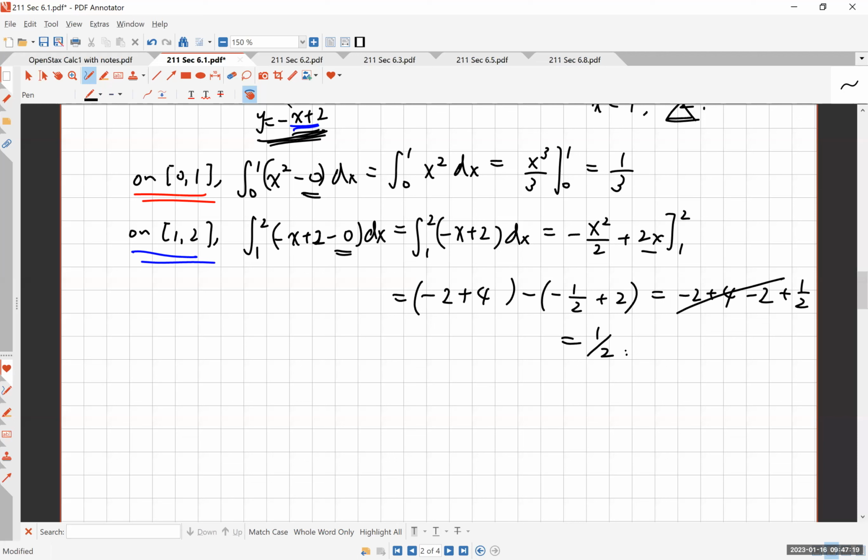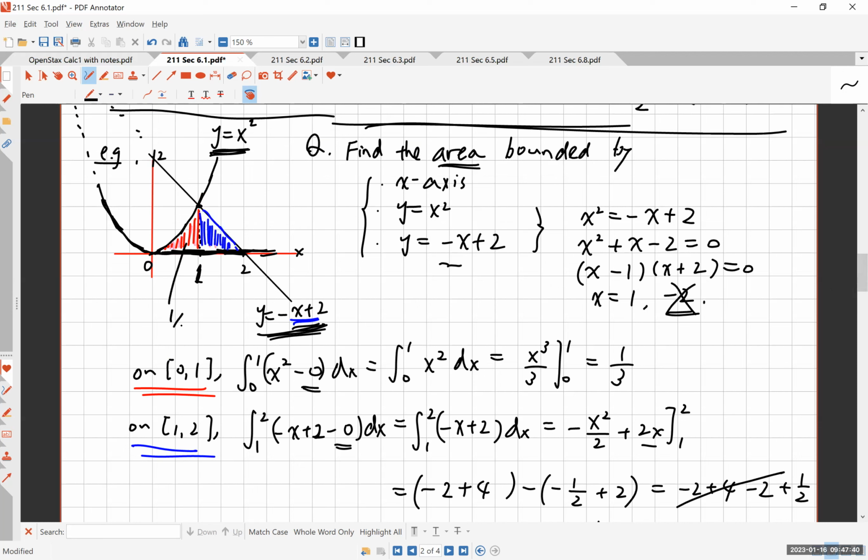It's 1/2, right? And therefore, the total area is 1/3 plus 1/2. And that's, of course, 2 plus 3 on the top, 6 in the denominator. And the answer is 5/6 unit square, right?